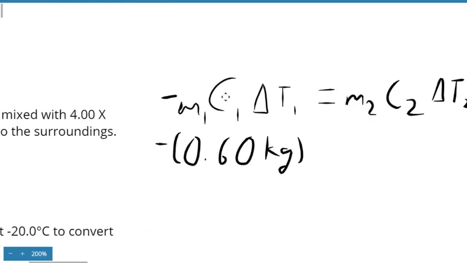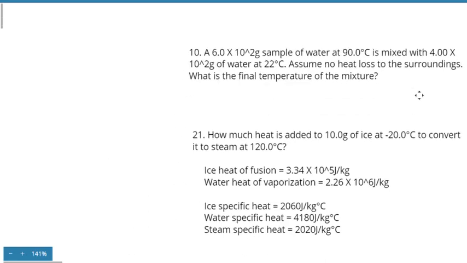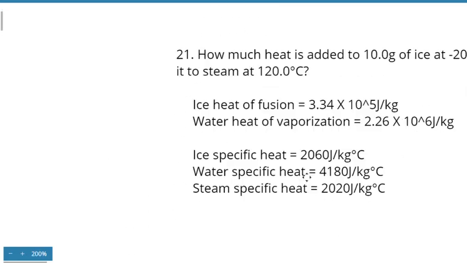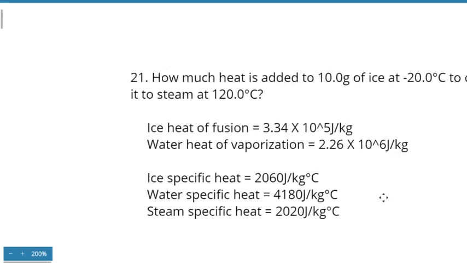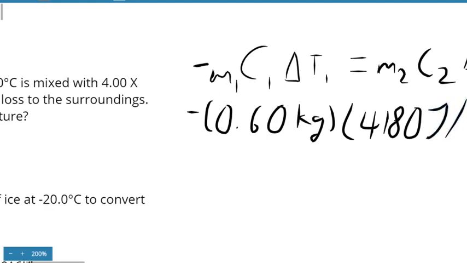And then the c, which is specific heat, is 4180 joules per kilogram degree Celsius. If you're wondering where I got these values, they're in the textbook, but they don't say them in the question, in case you want to try it for yourself.